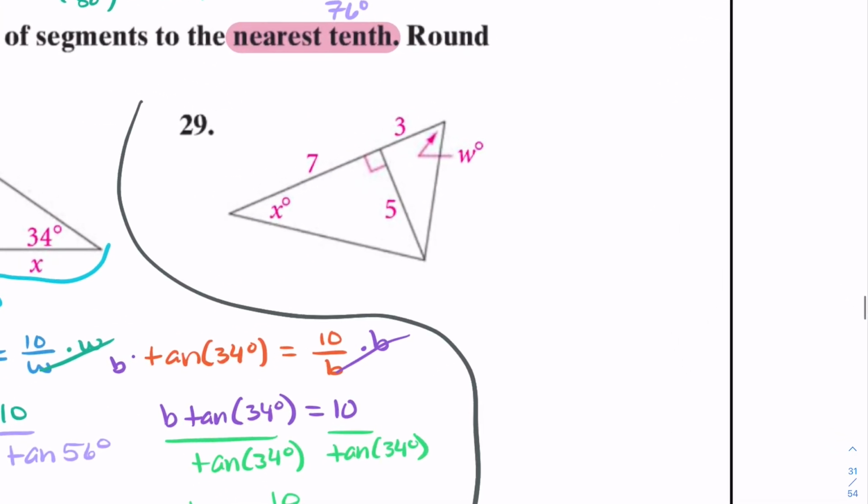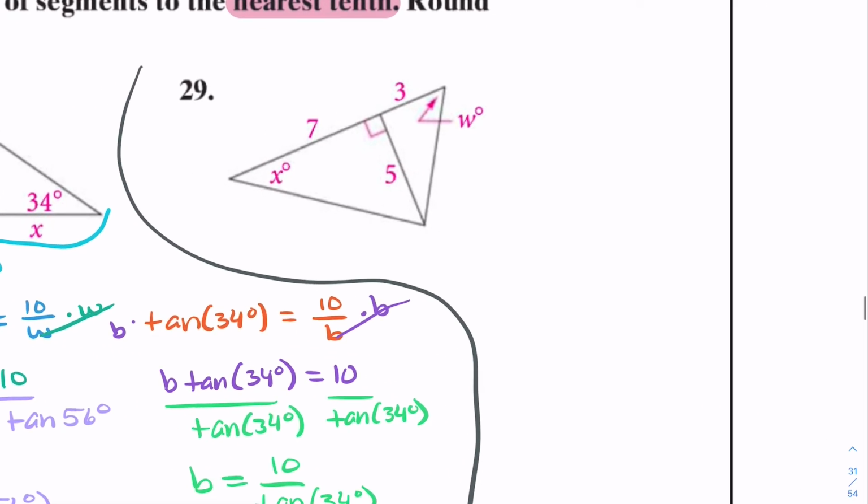All right, this last one, we have W. This is an angle measure, so this one should be a little bit quicker. Tangent of W is equal to 5 over 3. Therefore, tangent inverse of 5 over 3 equals W degrees.